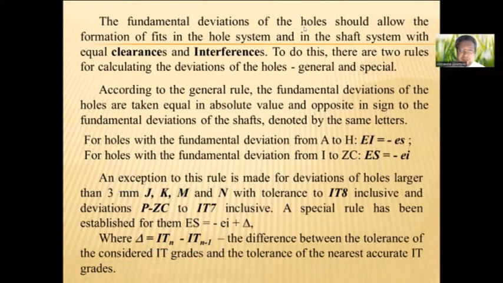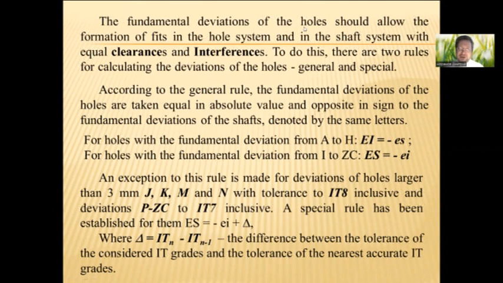The fundamental deviations of the holes should allow the formation of fits in the hole system and in the shaft system with equal clearances and interferences. To do this, there are two rules for calculating the deviations of the holes, general and special.